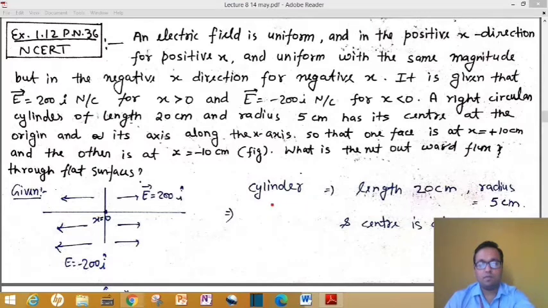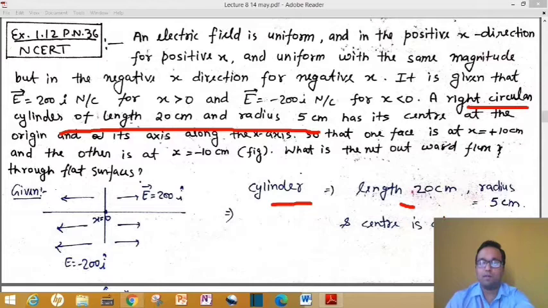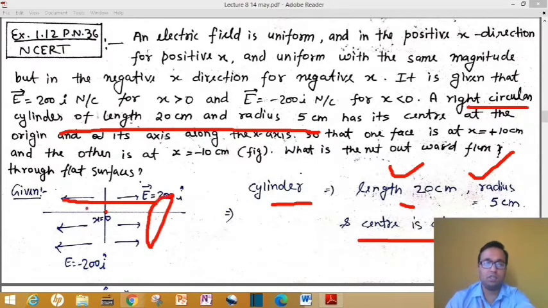So, one more thing is given: we have a right circular cylinder of length 20 centimeter and radius 5 centimeter. So the length of the cylinder is 20 and the radius is 5, and it is given that the cylinder has its center at the origin. This cylinder will be placed in such a way that its center will be at the origin.